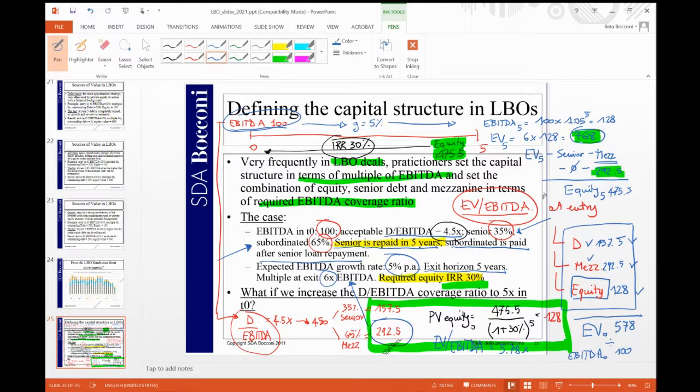So all in all, guys, how to set up a capital structure for an LBO? Essentially, the idea is to go in the marketplace, to look at multiples of debt and equity that are compatible with the current market situation, identify the suitable internal rate of return that investors are looking for their particular investment, and then apply our private equity method that calculates the value of equity today given an expected exit value in the future.